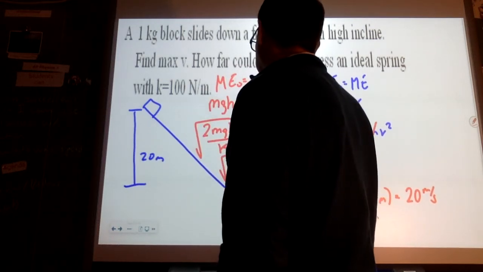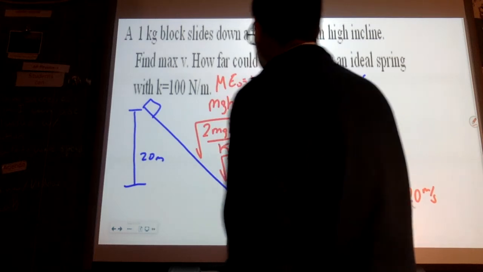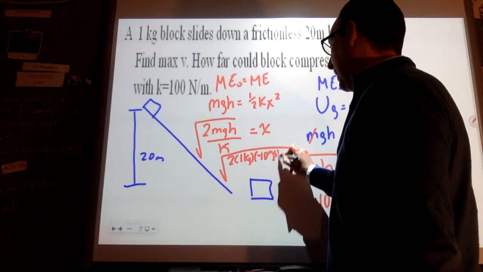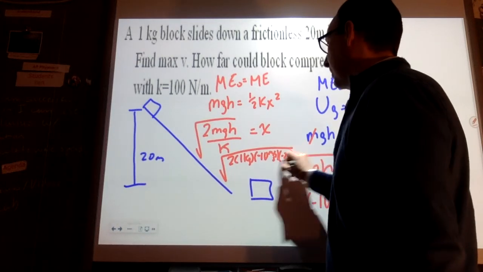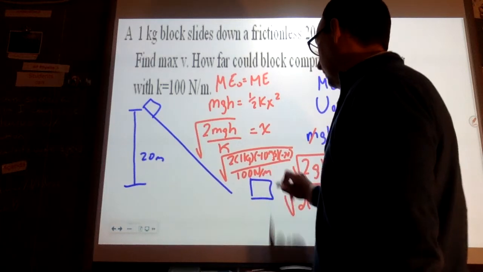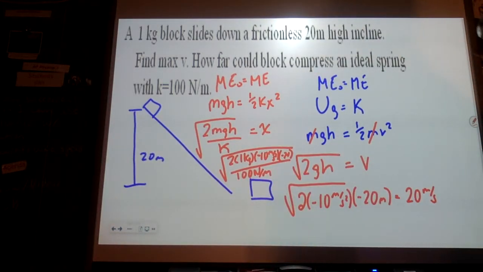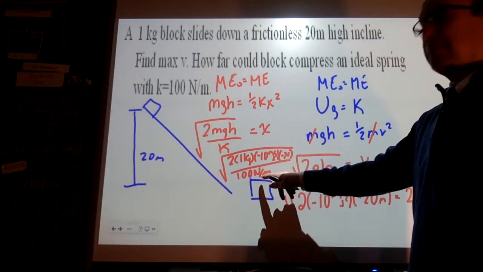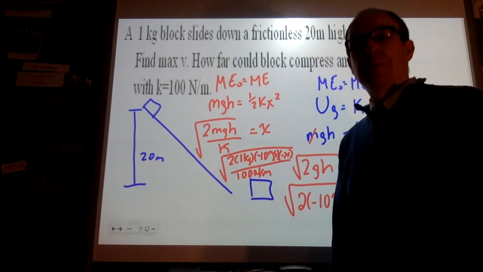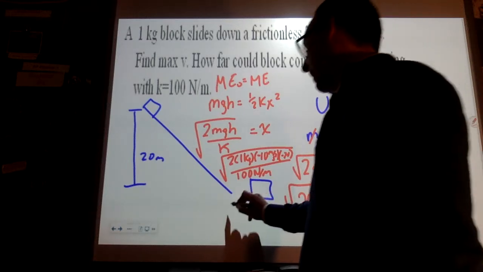So this is going to be 2 times 1 kilogram. Again, we have -10 and -20. And then we're dividing this by 100. So on the top, I'm going to have 400. On the bottom, I have 100. So 400 divided by 100 would be 4, and the square root of that would be plus or minus 2.